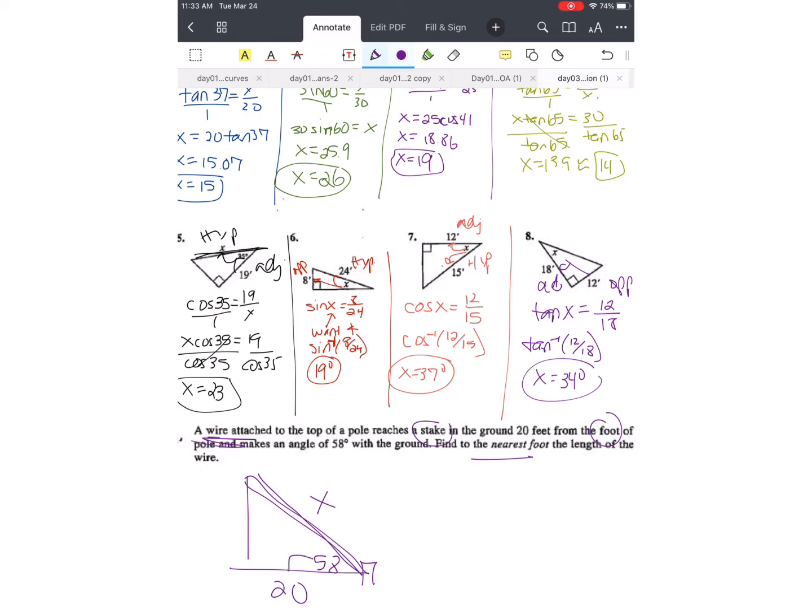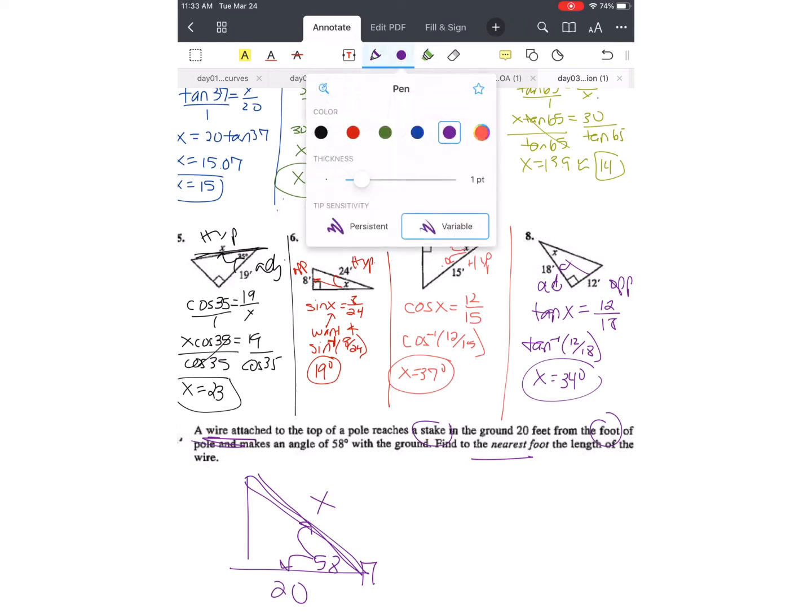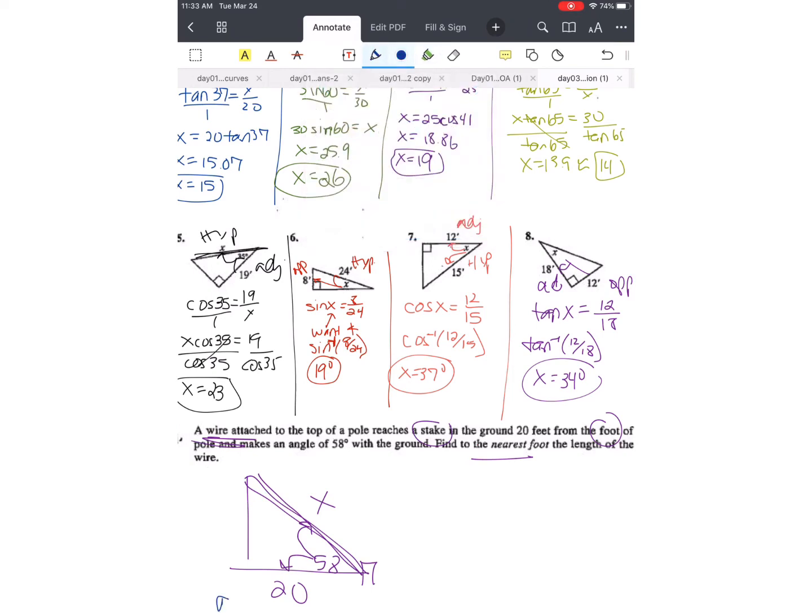So this is adjacent, hypotenuse, so we're talking adjacent and hypotenuse. So this is cosine 58 is equal to the adjacent side 20 over the hypotenuse x.